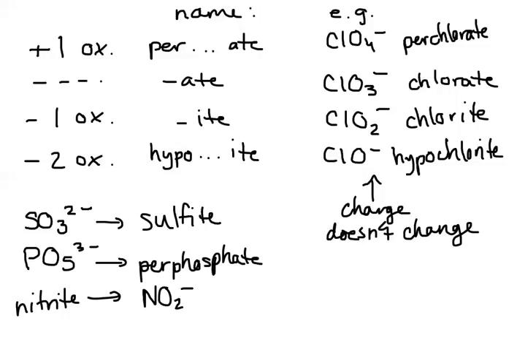Okay, so now we combine this with our cations. If I say Li3PO3, first identify the cation. It's lithium. Is lithium a type 1 or type 2 cation? Type 1.